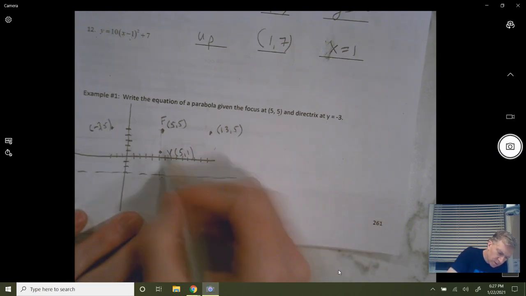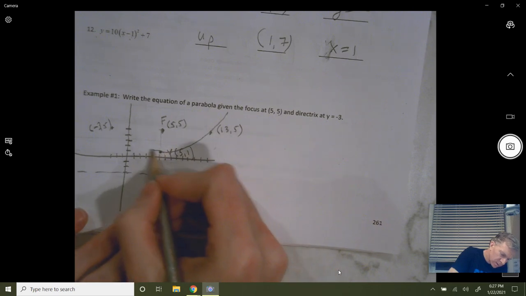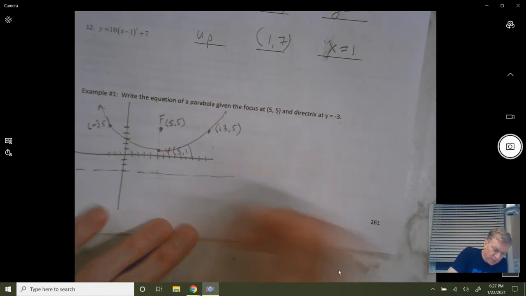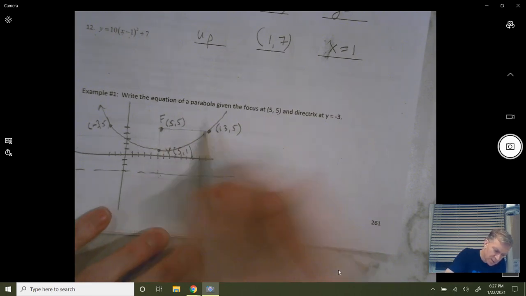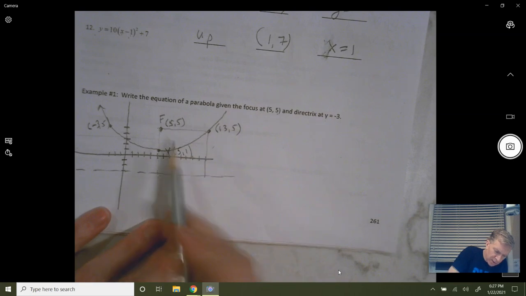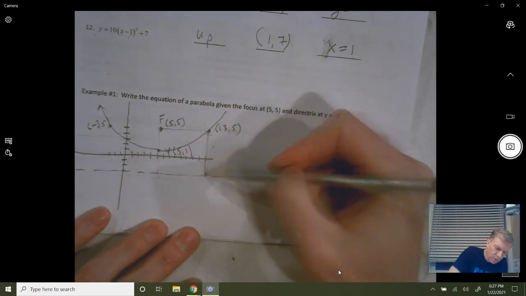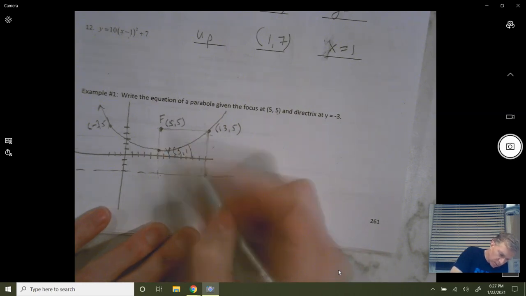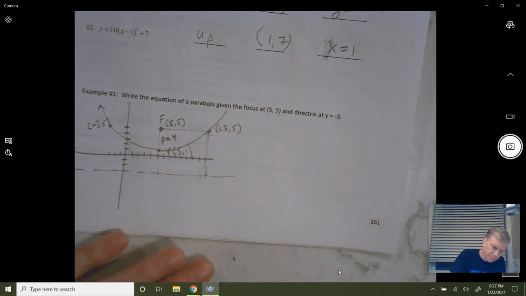Okay, so you know that this is going to look like this. Just remembering that any point on here has to be the same distance from the focus as it is to the directrix. Here we go 8 that way, and we go 8 this way, where the focal radius is equal to 2 times p, p plus another p. Remember, your p value is this. P is 4.